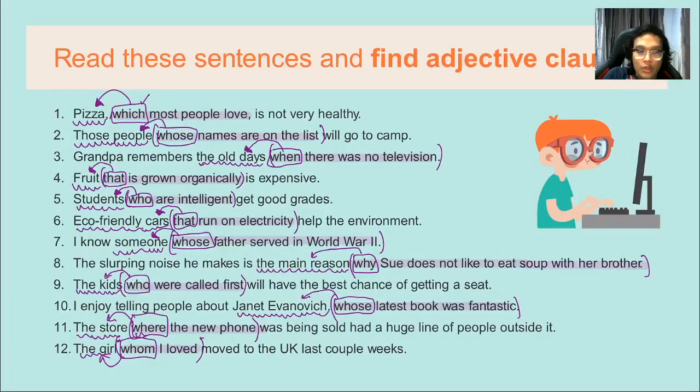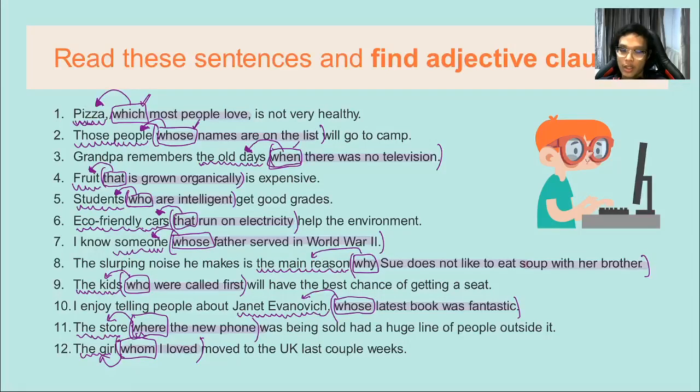We use which, we use whose, we use when, but different words are used with different nouns. For example, we use which with pizza. Pizza is a food, right? We use whose with people. We use when with dates and time or days in this case. So different relative pronouns are used differently as well.